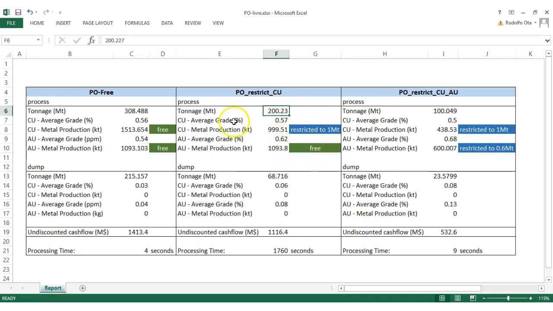Metal production was maintained compared to the free case. You can also see changes on the total movement to the process or to the dump, but the grades are kept very similar, which is the target, right, to increase the value of the project. There is also the penalty observed on the discounted cash flow.